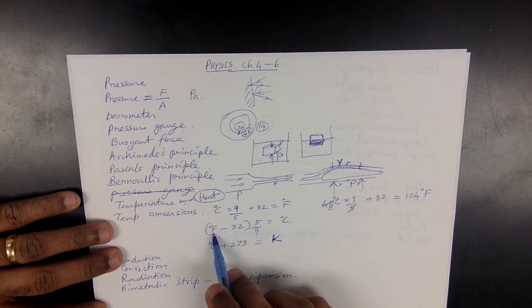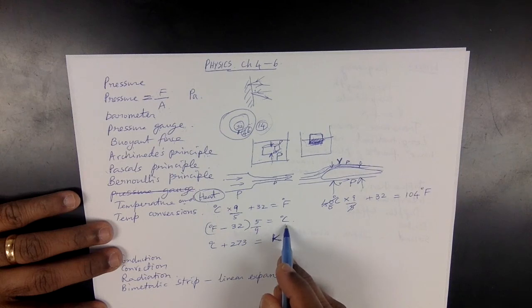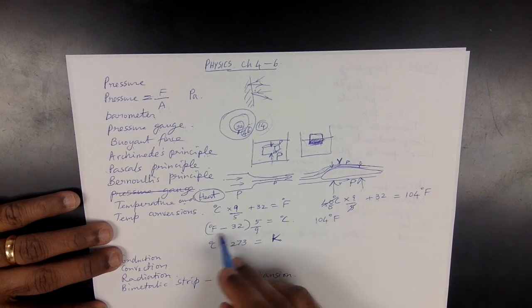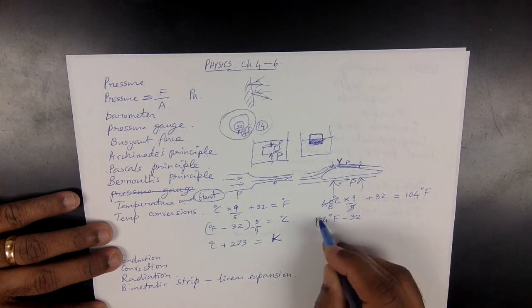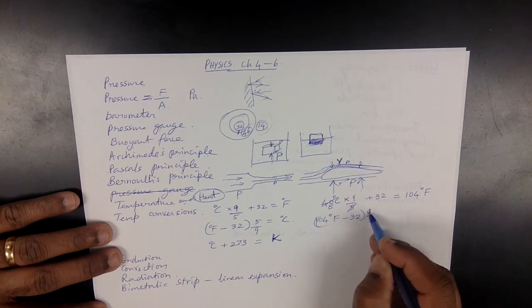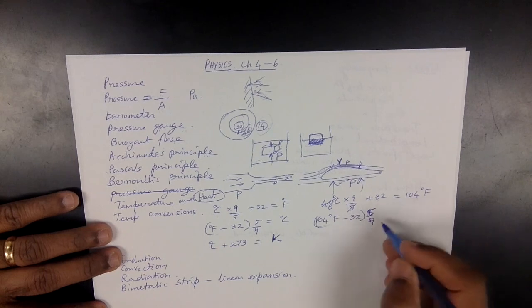Now how do you convert from Fahrenheit to Celsius? For example, if I have 104 degrees Fahrenheit, you subtract 32 from it, and then you multiply the whole thing by 5/9.